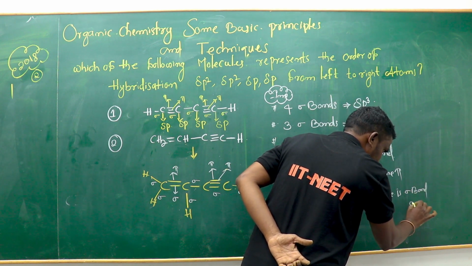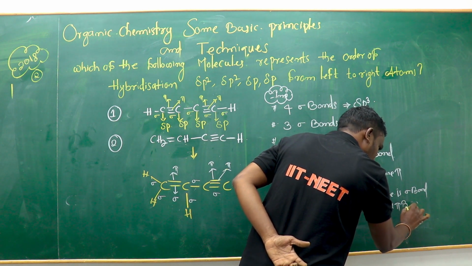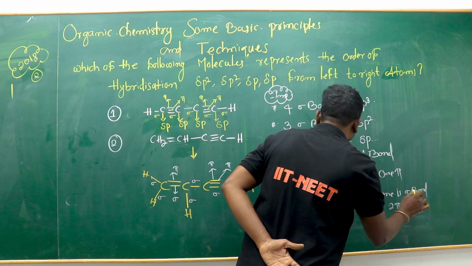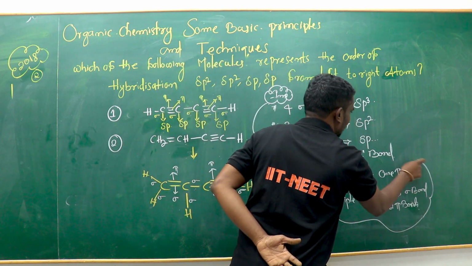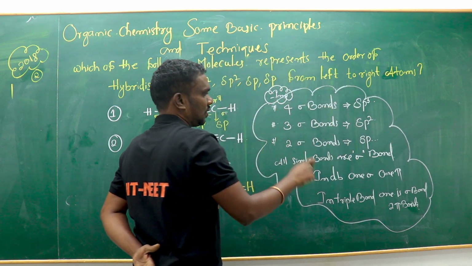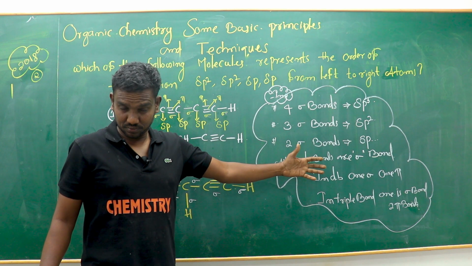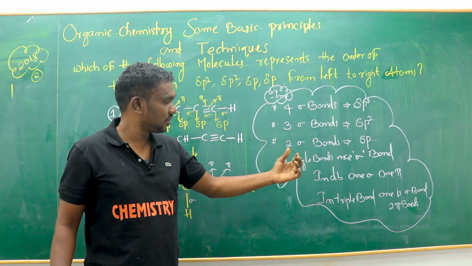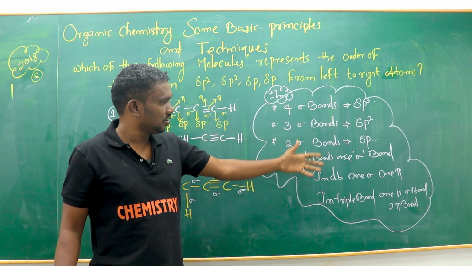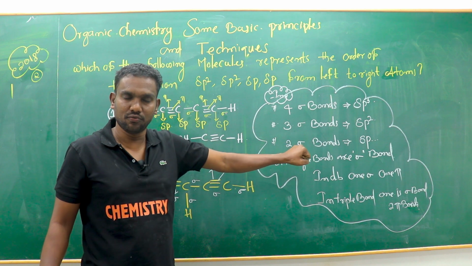Sorry, two are pi bonds. Beta ji, keep this in mind, right? This is very important, right? At least 4 to 5 times read these important lines, right? This is very important in the box, so be focused, right?